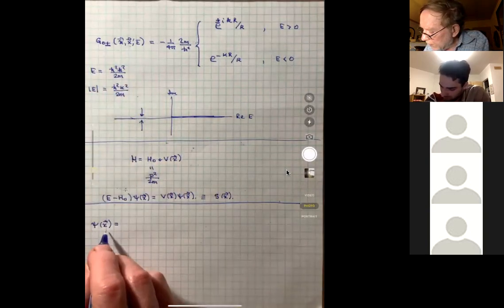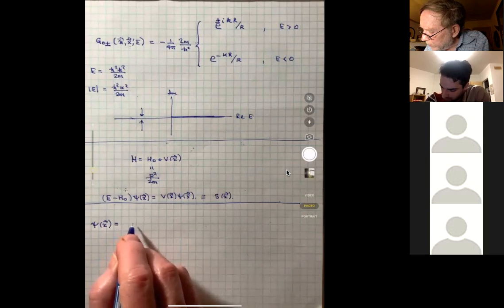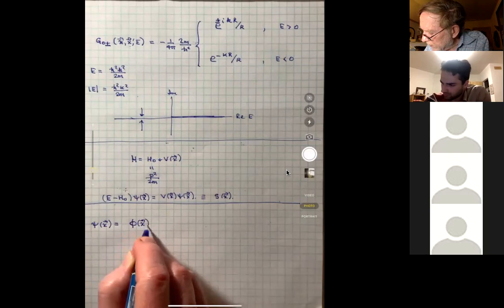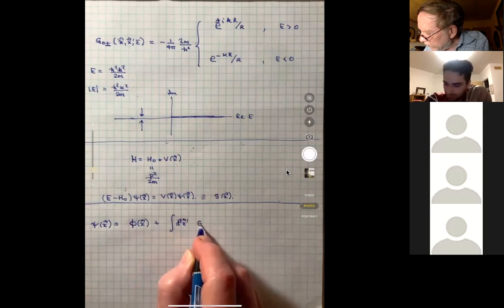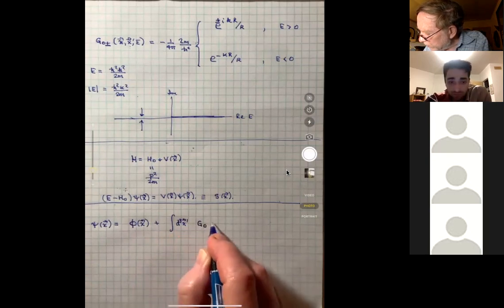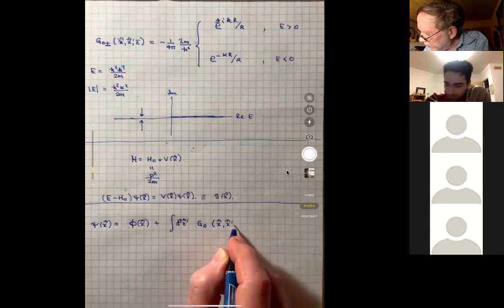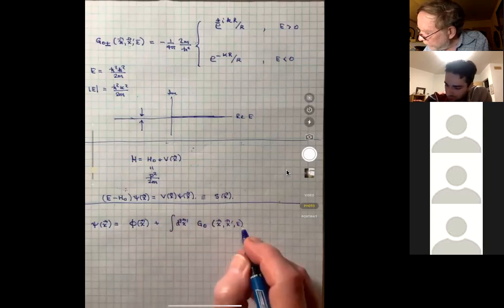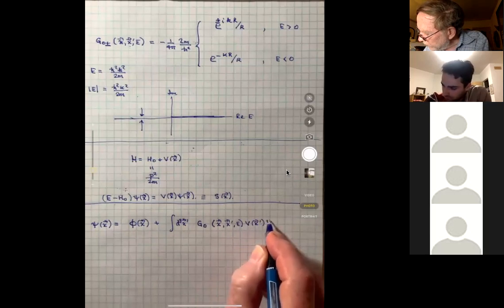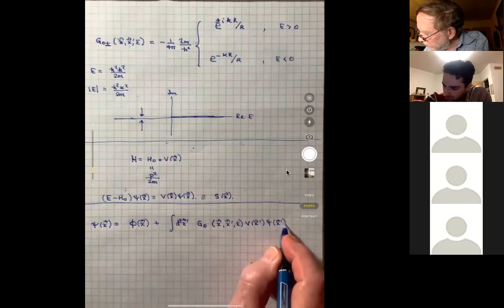So the exact solution is equal to a solution of the homogeneous equation, which I'll denote by phi of X like this, plus an integral over source d cubed x prime of some Green's function for the free particle. I'll put a G0 there to indicate free particle, as a function of x, x prime and energy E, times the source evaluated at x prime, but that's the potential V of x prime times the wave function psi of x prime, like so.